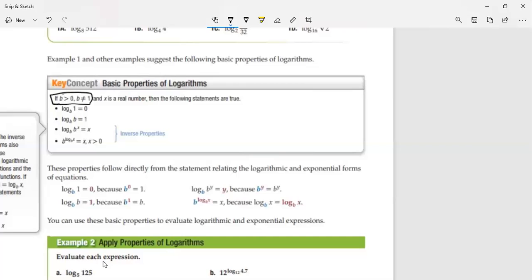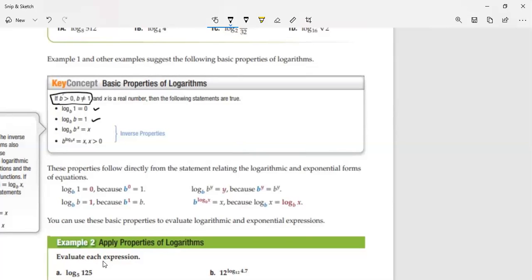That's why b should be positive and not equal to 1. If b is equal to 1, then log b to the base b is equal to 1, and log 1 to the base b is equal to 0.